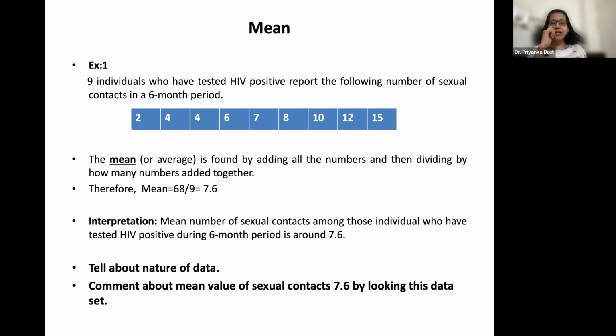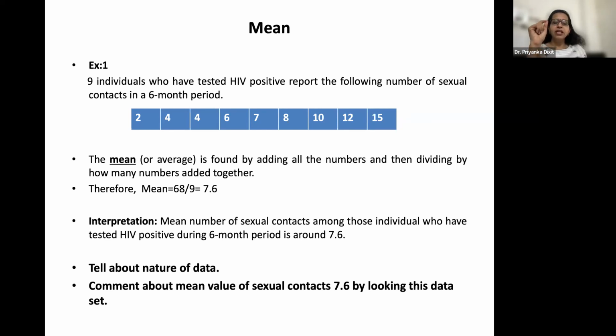Now we are going to relate this with the type of data. If the data is in continuous form, can we apply mean? Yes, we can apply. Can we apply median?